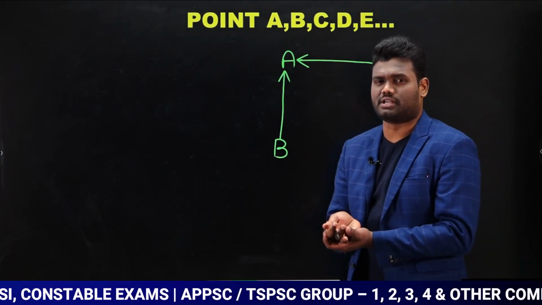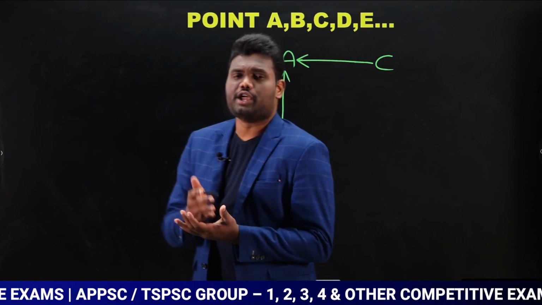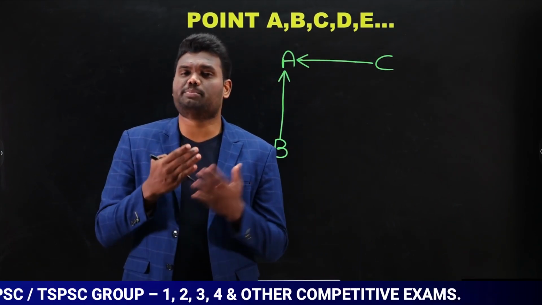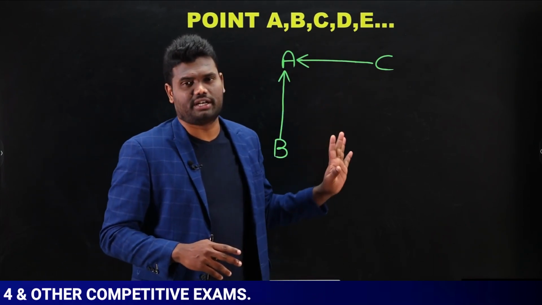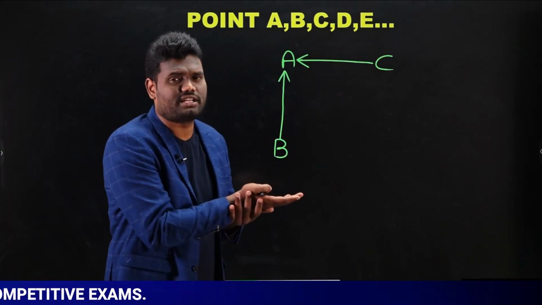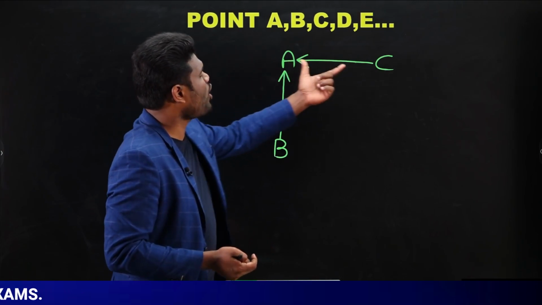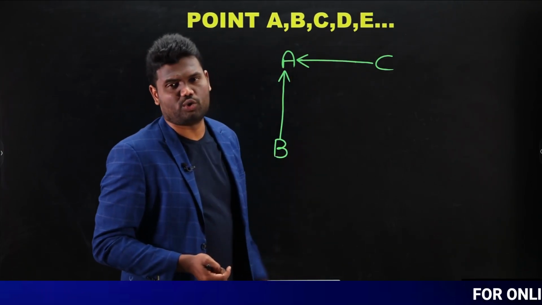If distance is not mentioned, you are going to take a constant distance between 2 points. Every 2 points you are going to maintain the constant distance. Here I am not mentioning distance, that is the reason I am maintaining a constant distance between every 2 points.